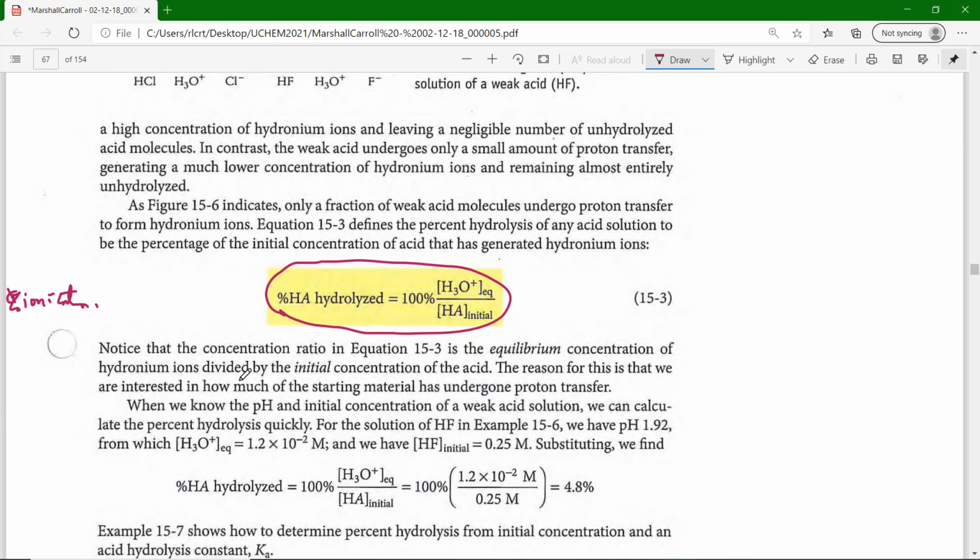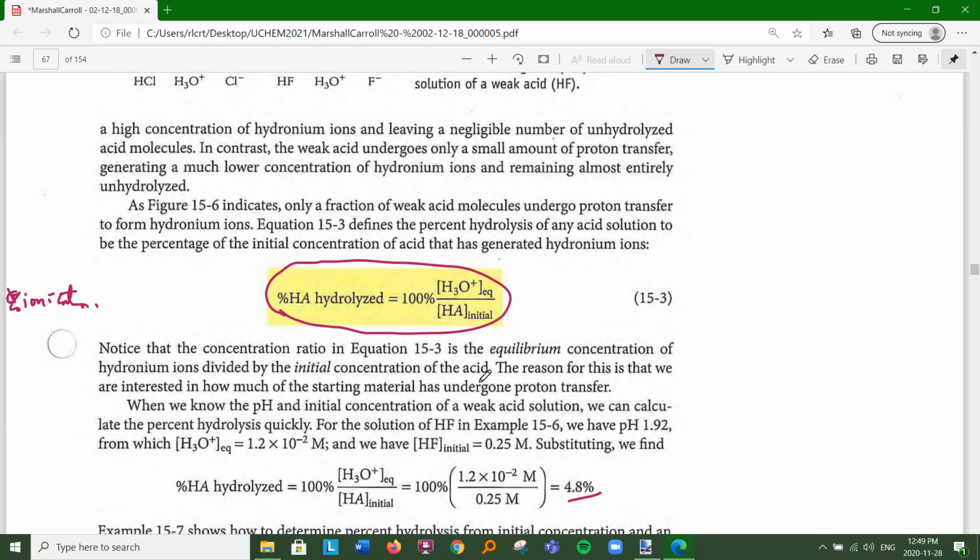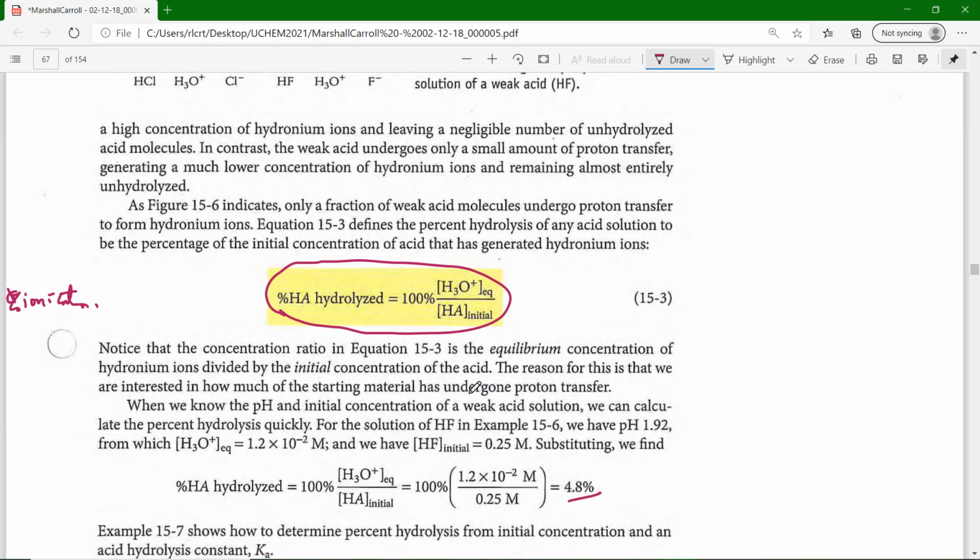In the hydrogen fluoride example, the percent ionization is 100 times how much proton was converted, which is how much H3O plus is at equilibrium, 1.2 by 10 to the minus 2, out of what we started with. So less than 5 out of 100 molecules actually hydrolyze. That means react with water, give the proton to the water.